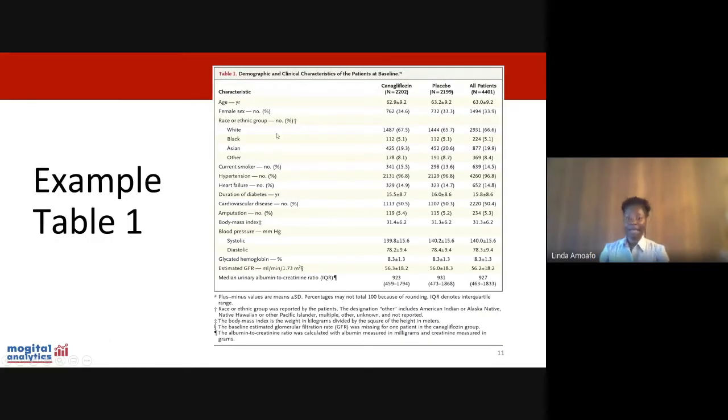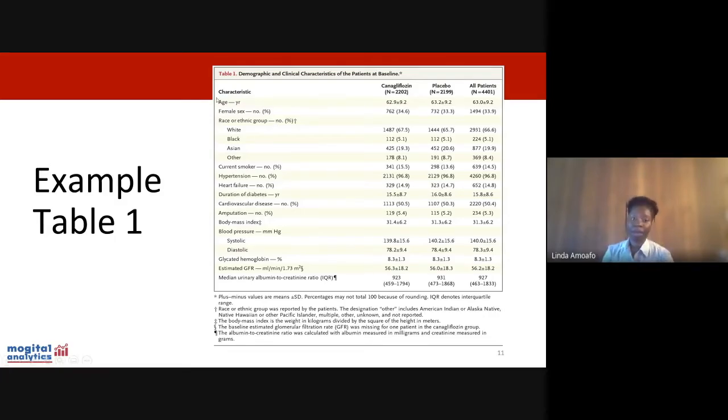Okay, so like I said, I was going to show you an example of what a table 1 looks like. This is a publication-ready table 1, which was in one of our manuscripts. One thing you could recognize from this table is that you should have the heading of the table, and you are trying to characterize what the data sample is about.